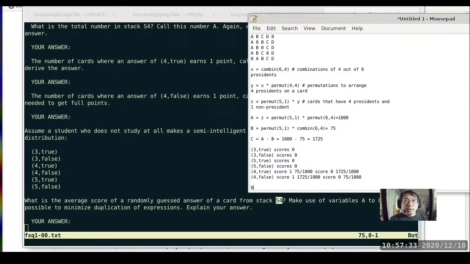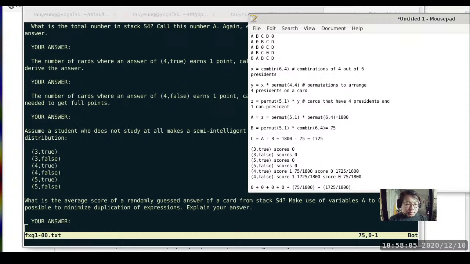So now we are adding 0 plus 0 plus, there are 4 zeros here, and then we add up the average of these two. The 0s we don't have to actually add because they don't add anything, so it becomes really just 75 divided by 1800, and then the last one is 1725 divided by 1800.